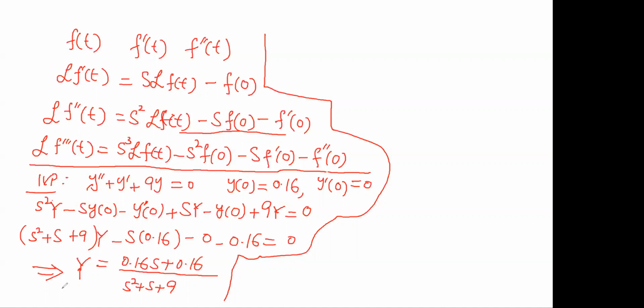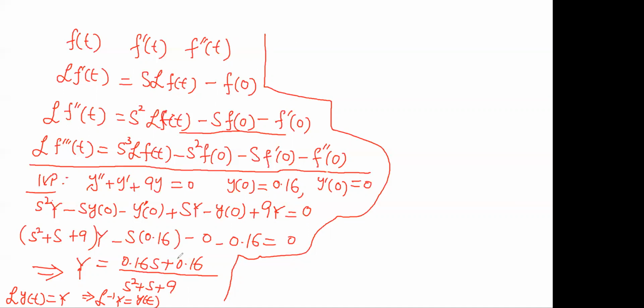So if, for example, the Laplace of y of t is equal to Y, then the Laplace inverse of Y will be equal to y of t. So we are going to find the inverse, and then in the inverse we will find the answer in terms of y of t.